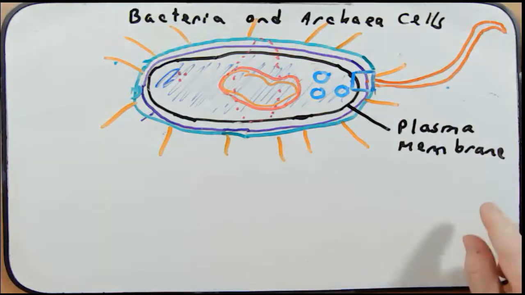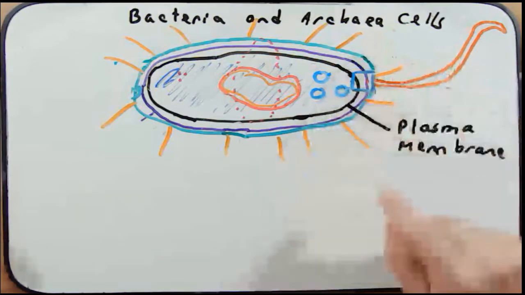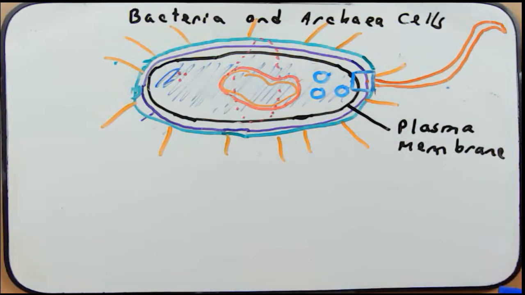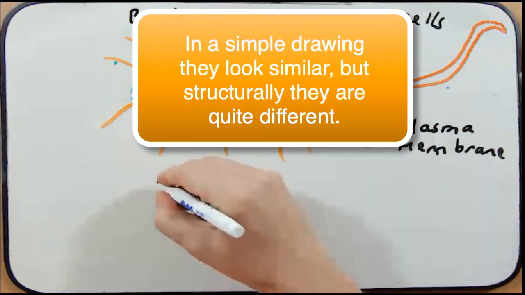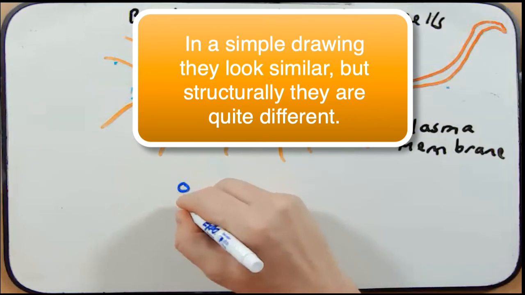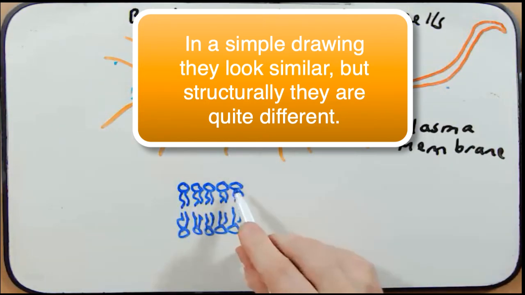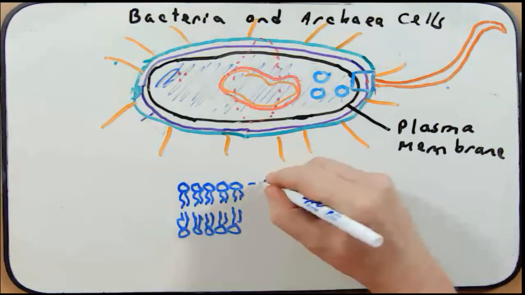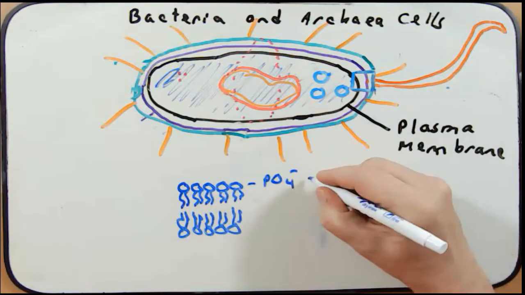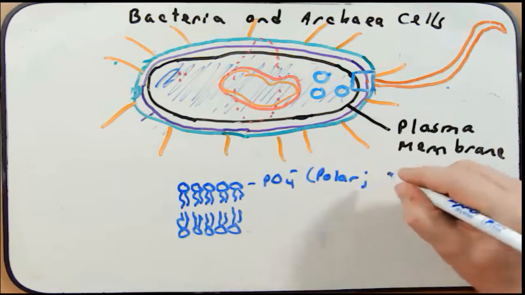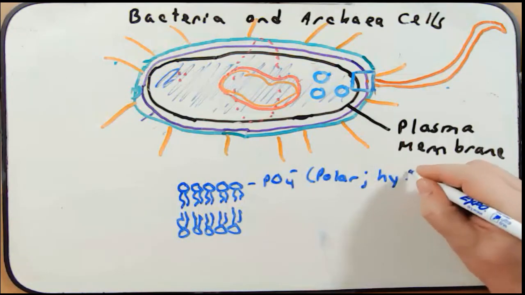As I mentioned, I wanted to come back to the plasma membrane as well as the cell wall, but let's talk about the plasma membrane. And I really want to talk about what makes the plasma membrane different in bacteria compared to Archaea. So the plasma membrane, for the most part, looks the same in bacteria and Archaea as far as general structure goes. So remember, they would look something like this, with the polar phospholipid head here, with the phosphate group at the top. That is polar, and as we said, that makes it hydrophilic.